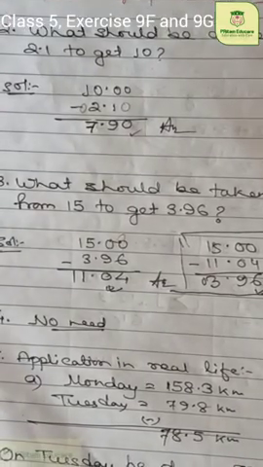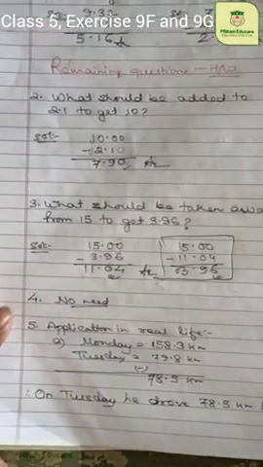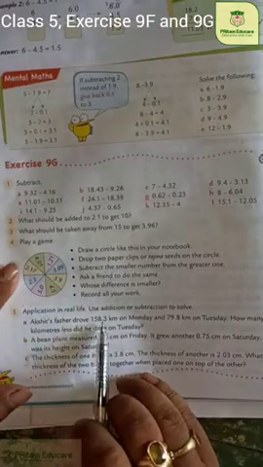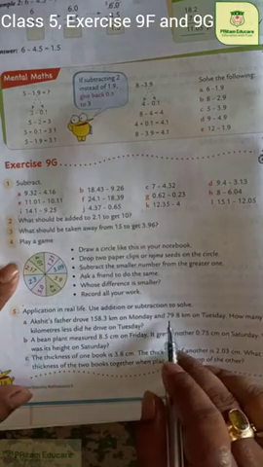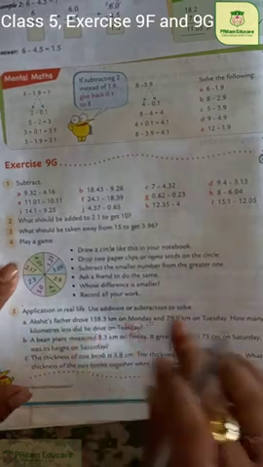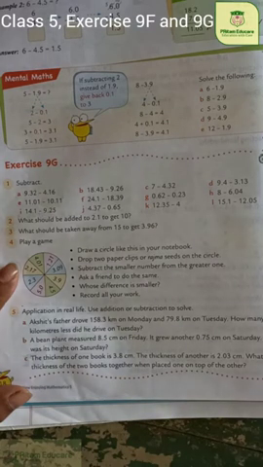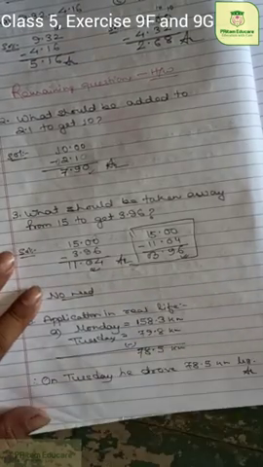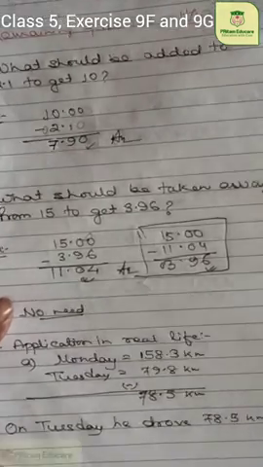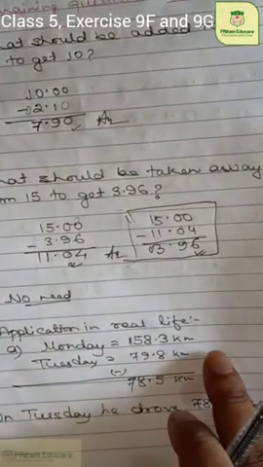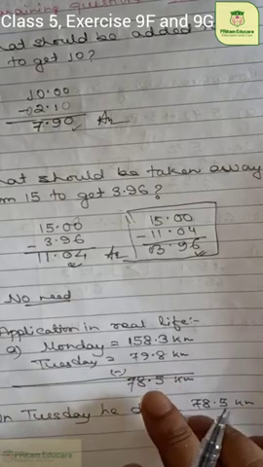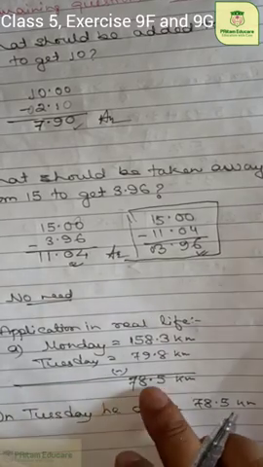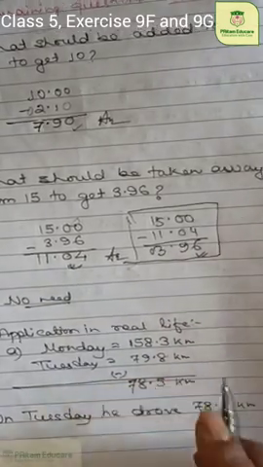Question 5, application in real life. So what is given? Akshish's father drove 158.3 km on Monday and 79.8 km on Tuesday. How many kilometers less did he drive on Tuesday? So on Monday he drove 158.3 km and on Tuesday he drove 79.8 km. On Tuesday how many kilometers less did he drive? That means less driven, so subtraction.